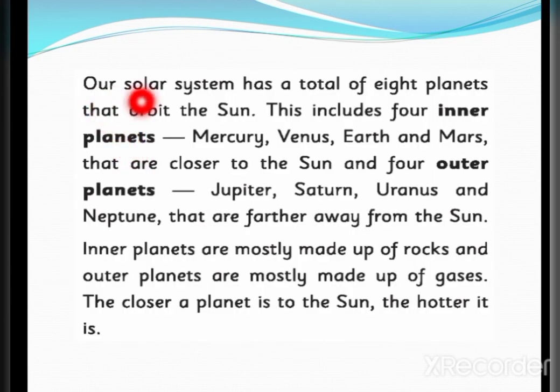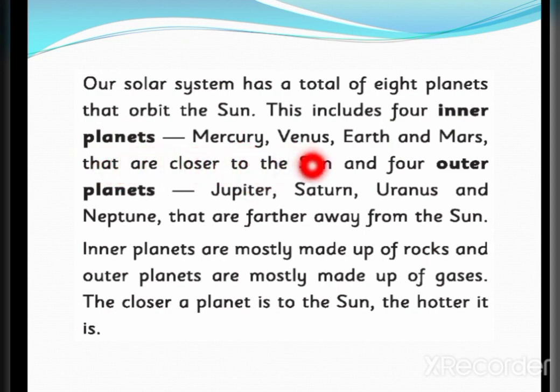Our solar system has a total of 8 planets that orbit the sun. This includes 4 inner planets. What are the 4 inner planets?